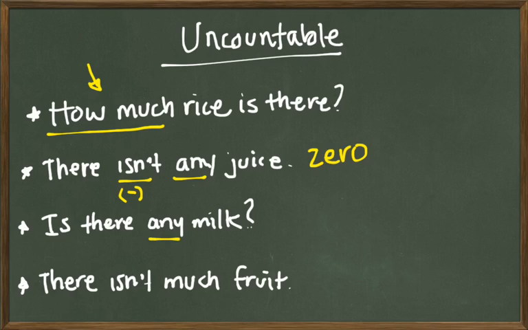We have our expression in a question, and we're asking for the quantity of milk in the house, for example. In the last one, there isn't much fruit. We have our expression much, and we are saying here that the quantity of fruit in the house or whatever is small, not 0.